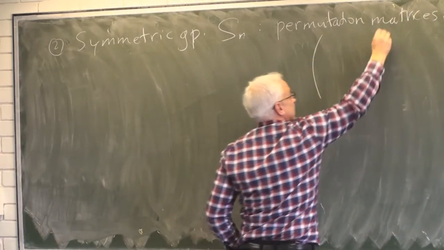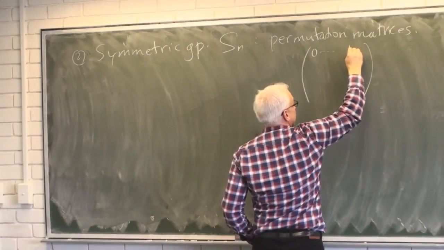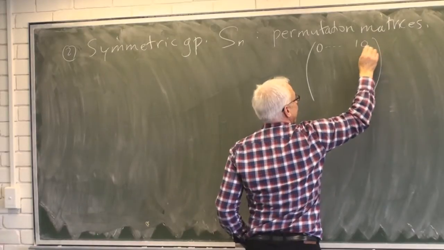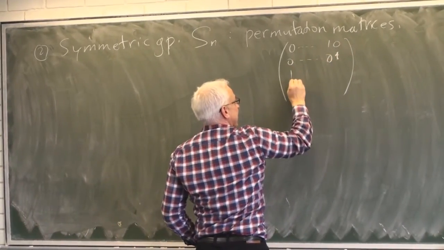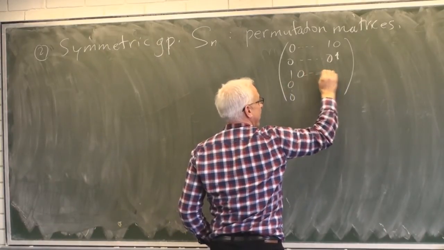Those are matrices where most of the elements are zero, except there's a few ones, and there should be exactly one 1 in every row and column.